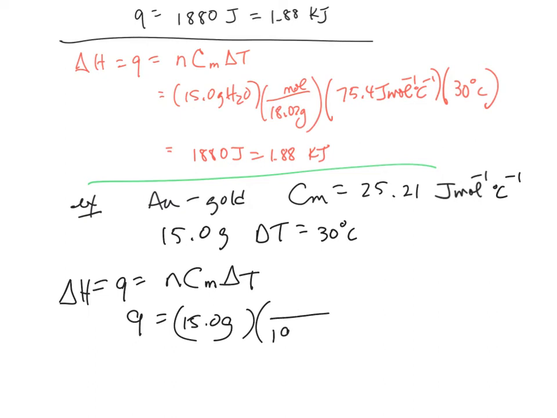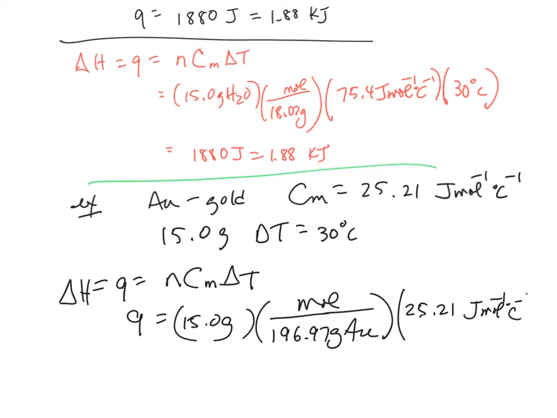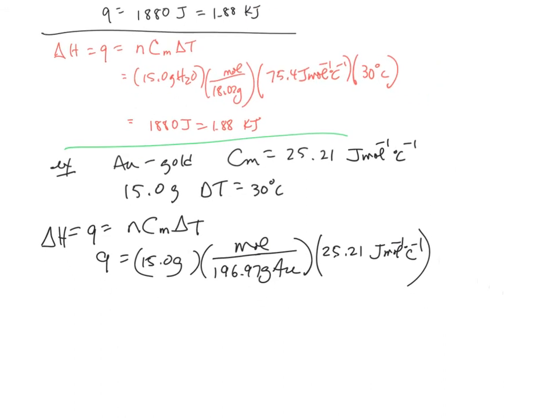So use the molar mass, 196.97 grams gold per mole of gold. Now we have moles, and now we're going to use the molar heat capacity, 25.21 joules per mole degrees C, and then delta T, 30 degrees C, and Q equals 57 joules.